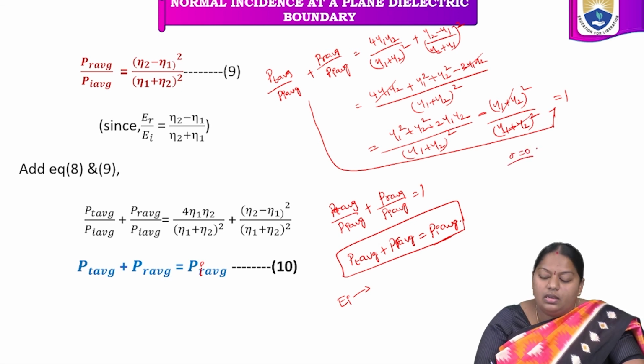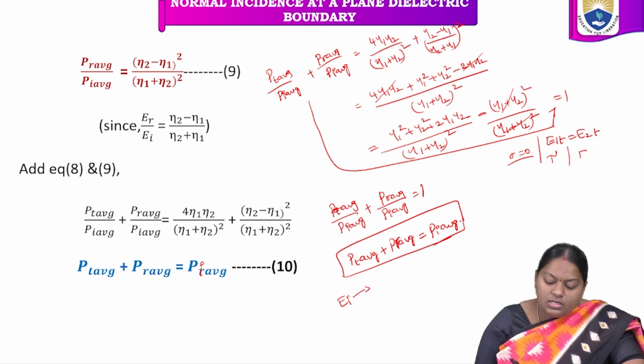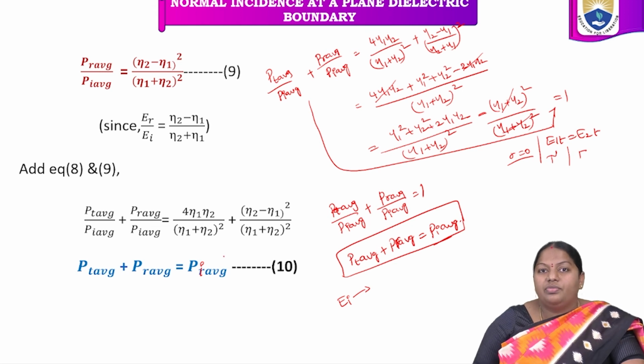Depending upon that, we have considered two boundary conditions between the two dielectric media, that is E1t equal to E2t. From that, the transmission coefficient tau and the reflection coefficient gamma are derived. From that we have proved that the incident wave power density is a combination of the reflected wave as well as the transmitted wave. Okay, thank you.